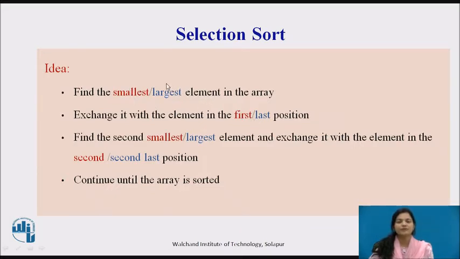If we are finding the largest number, we exchange it with the last position. Then find the second smallest number and exchange it with the second position, or the second largest number and exchange it with the second last position, and continue until the array is sorted.